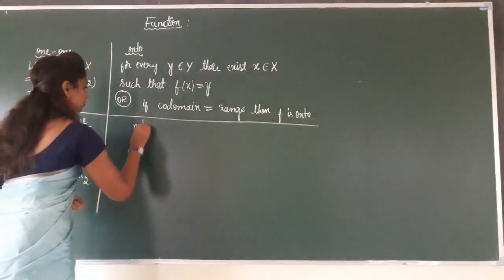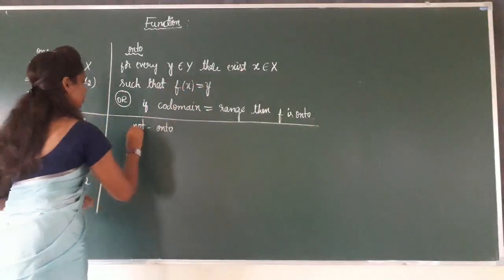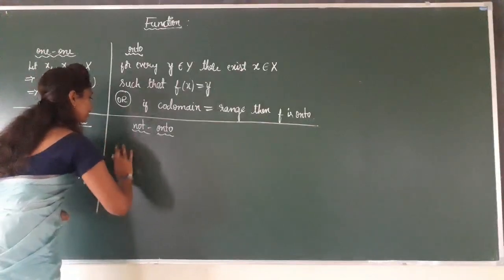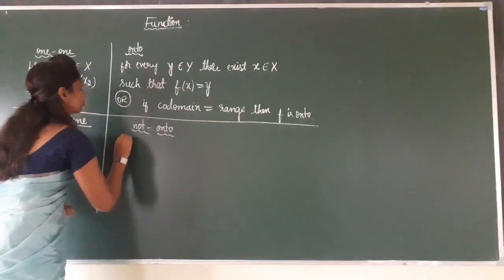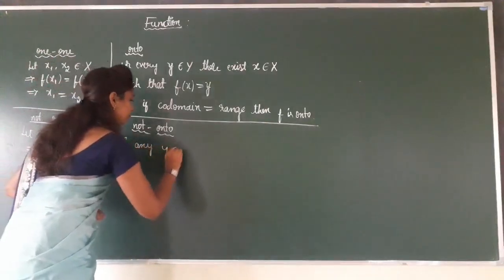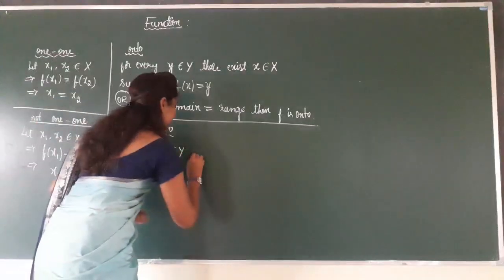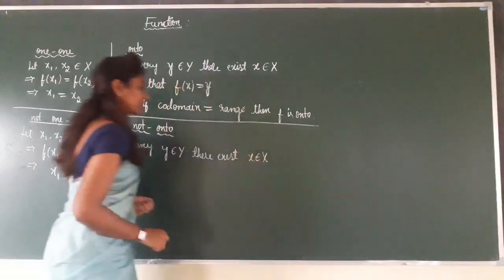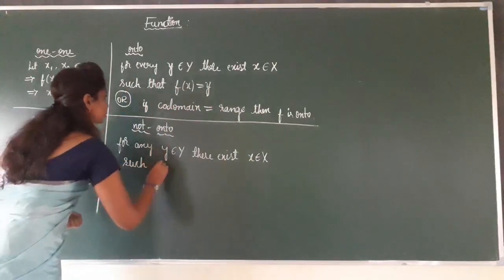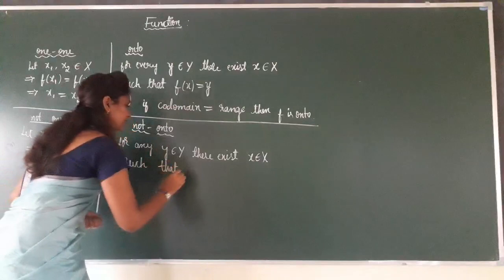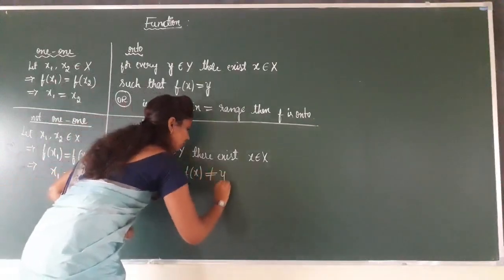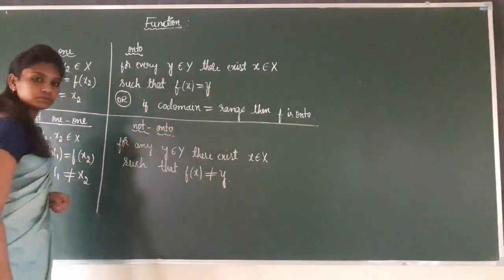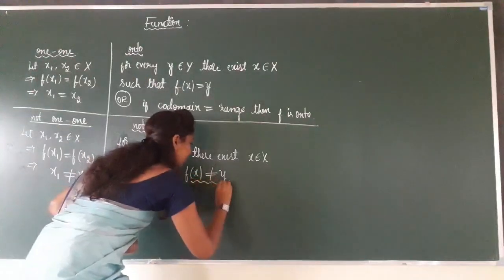Okay, now not onto. If for any element y belongs to set Y, there exists small letter x belongs to X such that f of x is not equal to y, then it is not onto.